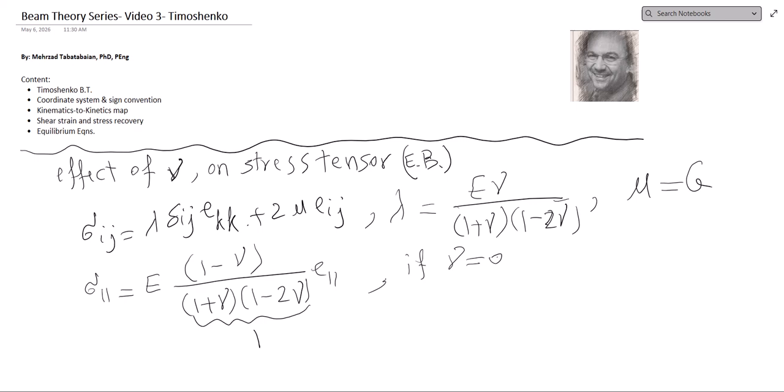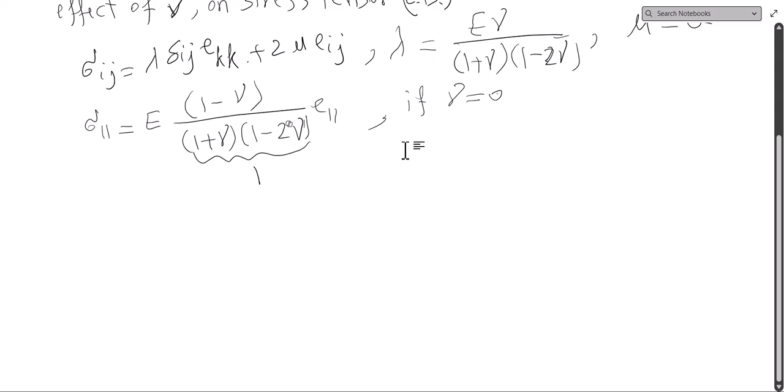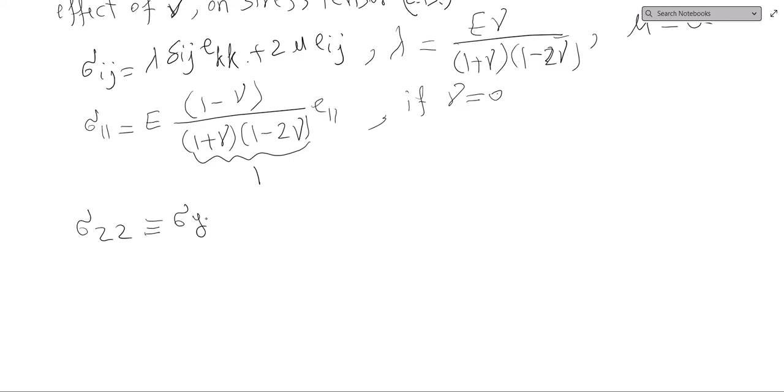Another point is that the other two components, sigma 2, which is equivalent to sigma yy, also survive. If you put sigma 2 here, delta ij becomes 1, and then this becomes lambda ekk, which is the sum of E11, E22, E33. Only E11 survives, and E22 is 0.